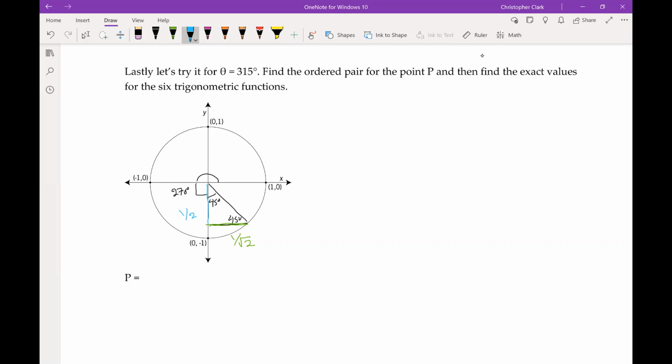I moved to the right, in the positive direction for 1 over square root of 2. I moved to the right in the positive direction for the x, so that means that x is going to be positive 1 over root 2. But then I had to move down in the negative y direction for the y portion of it, which means that this is negative 1 over square root 2.